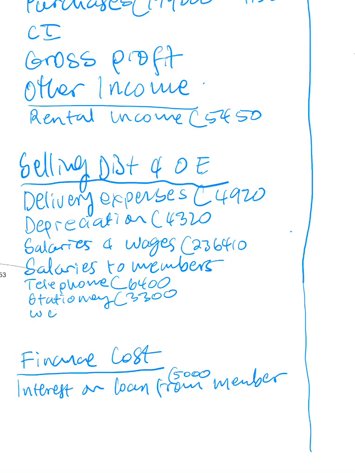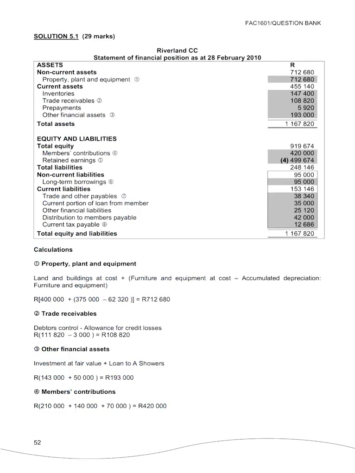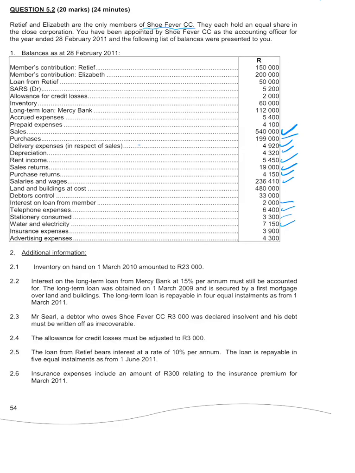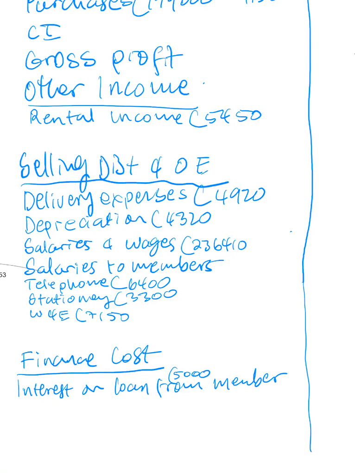So water and electricity, open bracket, 7,150. We have got insurance. So insurance, open bracket, is 3.6.